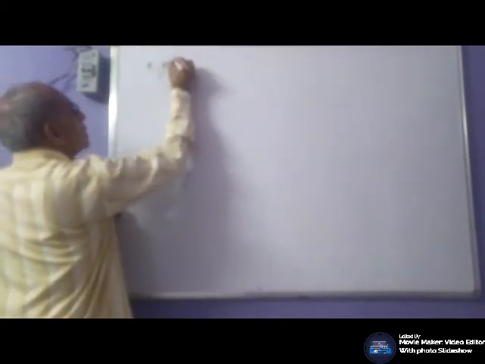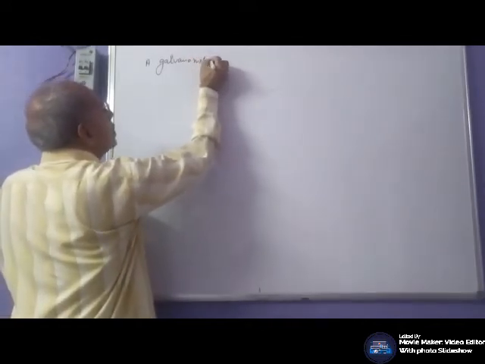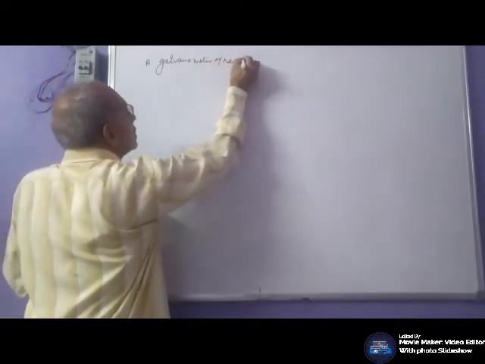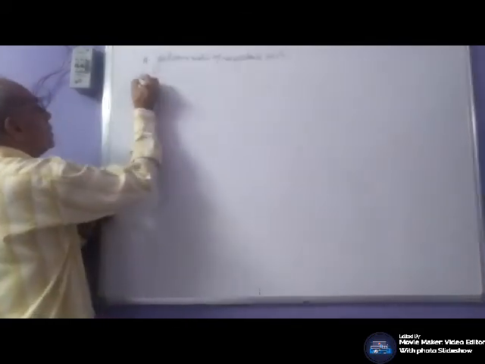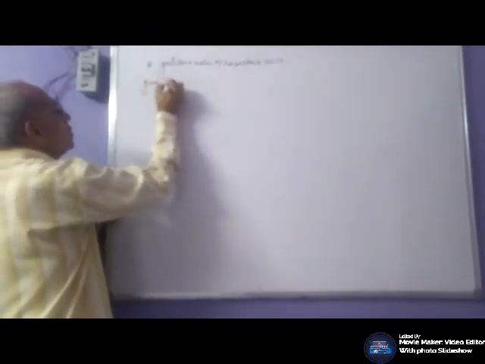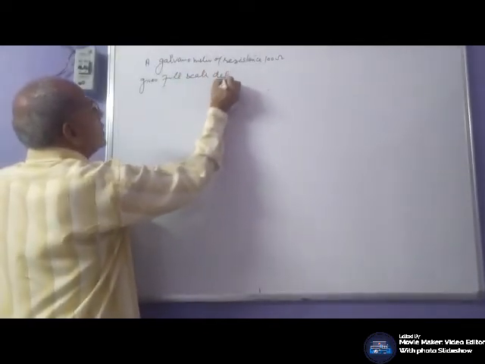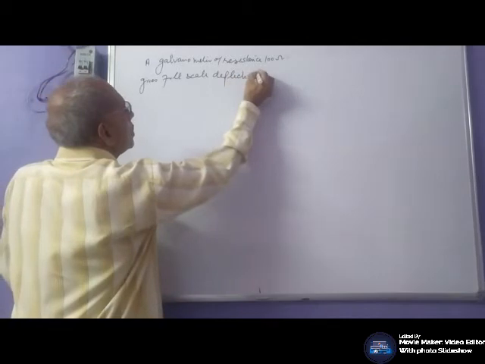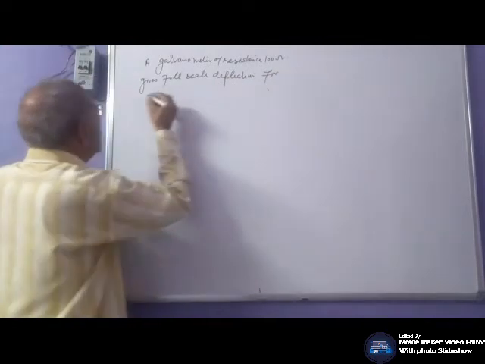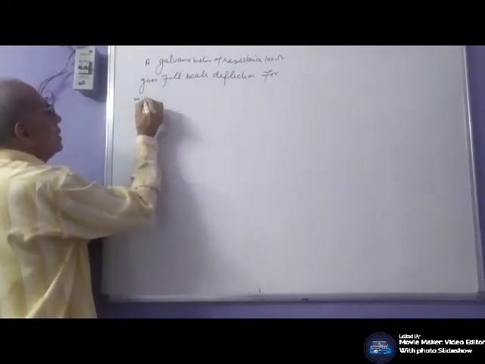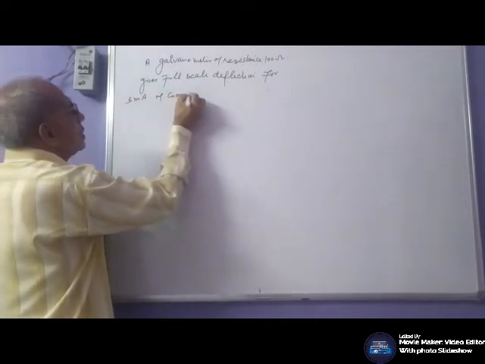A galvanometer of resistance 100 ohm gives full scale deflection for 3 milliampere of current.